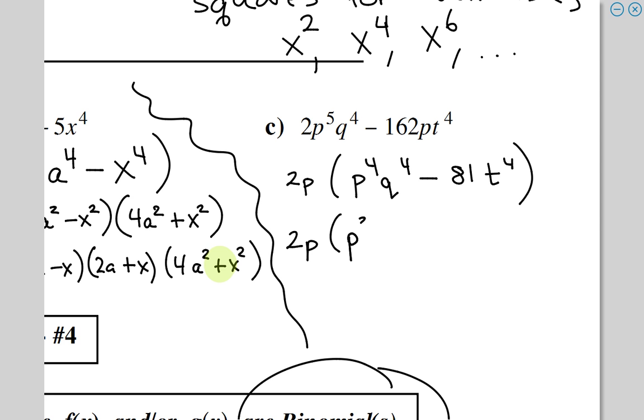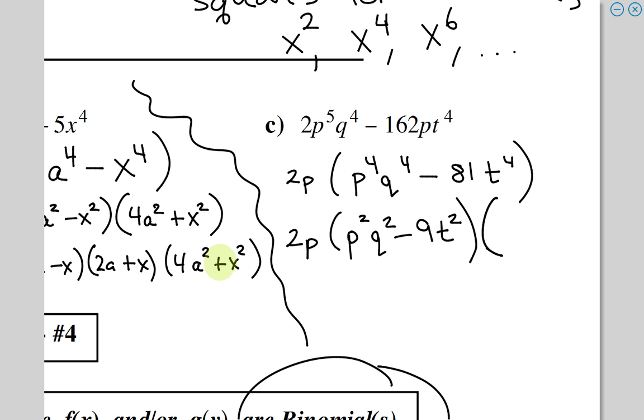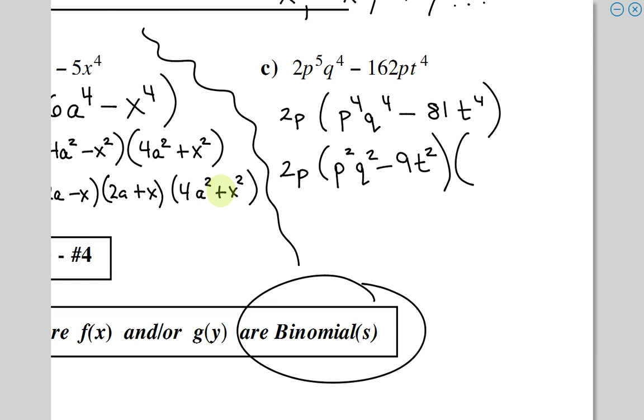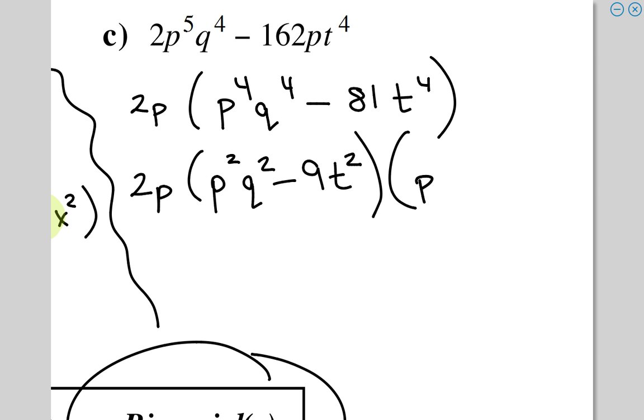Okay, so P2Q2 minus 9T2. Oh, T2? Get down. Come with me if you want to live. Right? T2? Come on, best movie ever made. P2Q2 plus 9 Terminator 2.